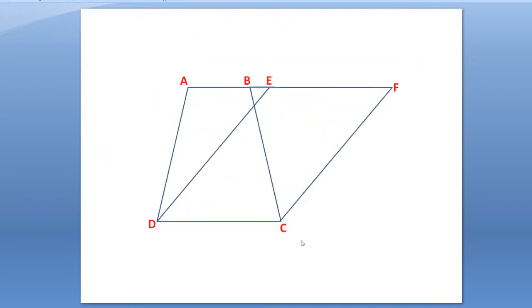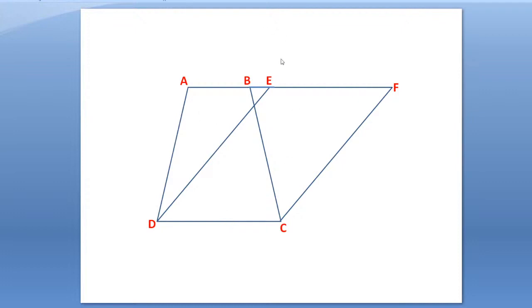Vertices A, B of the trapezium and E, F of the parallelogram lie on the same line, which is parallel to this side DC.